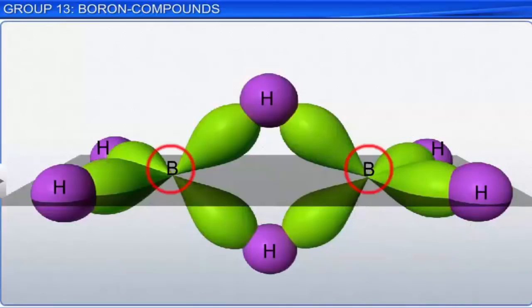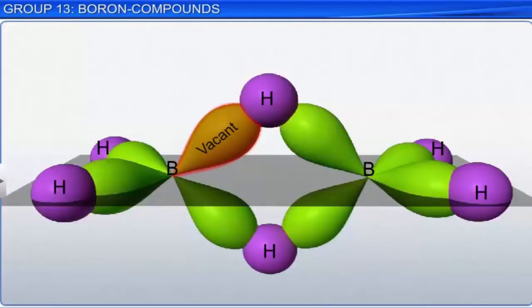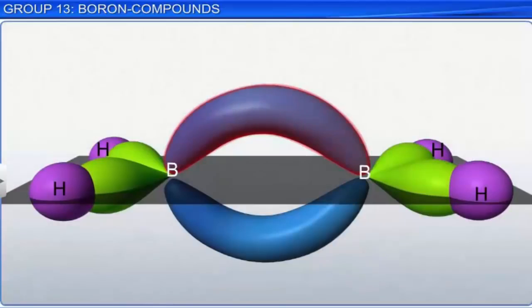The boron atoms in diborane undergo sp3 hybridization. The overlapping of a vacant sp3 hybrid orbital of one boron atom and an sp3 hybrid orbital of another boron atom containing one electron with the pure s orbital of bridging hydrogens containing one electron results in the banana bonds.